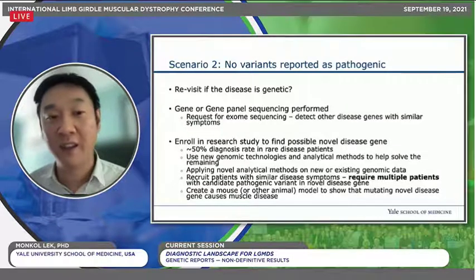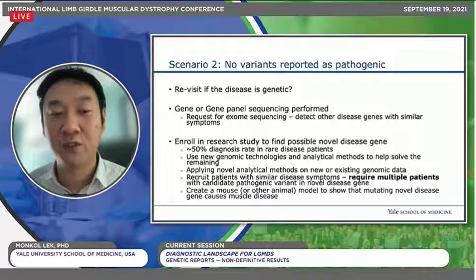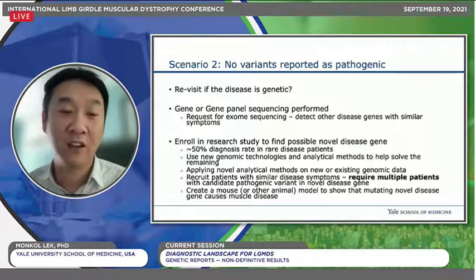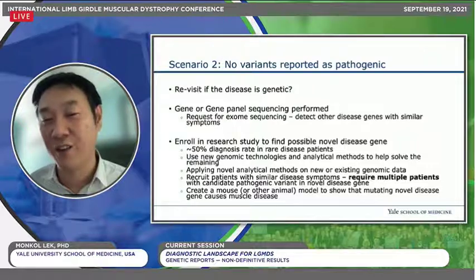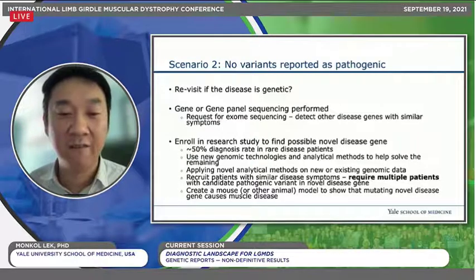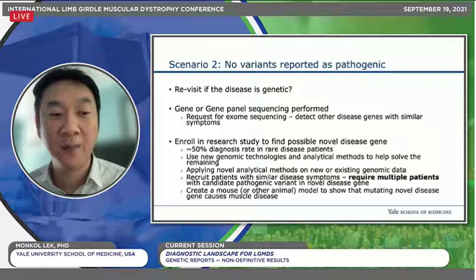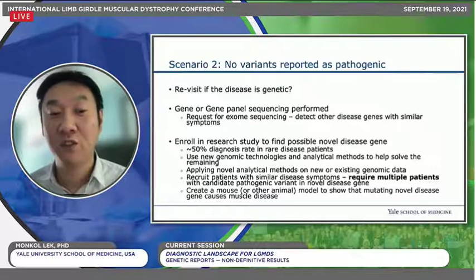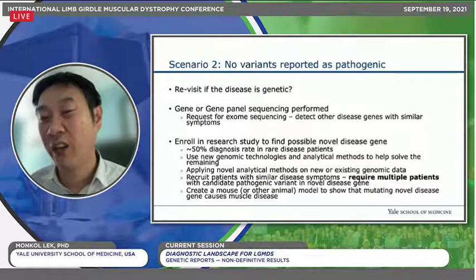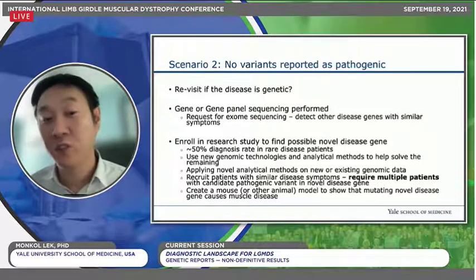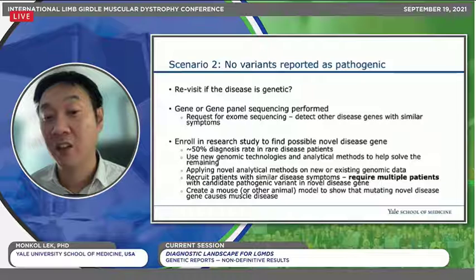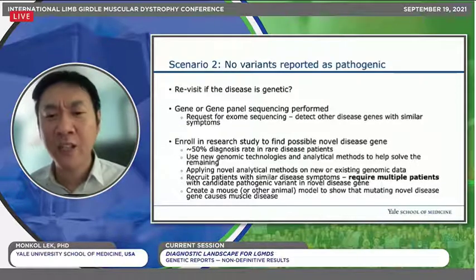And it's just a reminder, this is an active area of research because we only have a 50% diagnosis rate in rare disease patients, sometimes a little bit higher, sometimes a little bit lower, depending on the disease and the mutations we typically find. So in these research studies, we use new genomic technologies and also analytical methods to help solve the remaining. We can also apply novel analytical methods on new or existing data. So hopefully that sheds light.